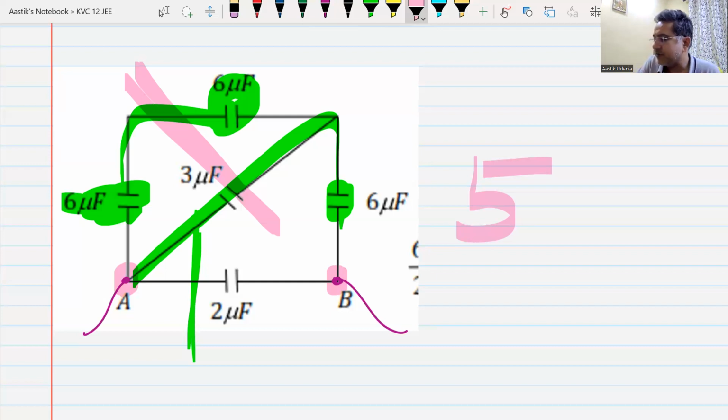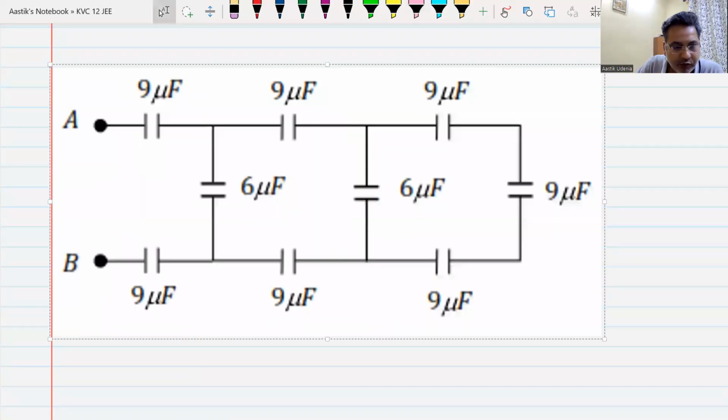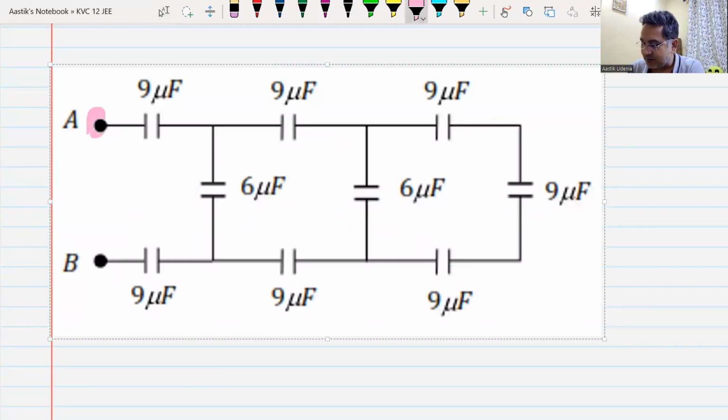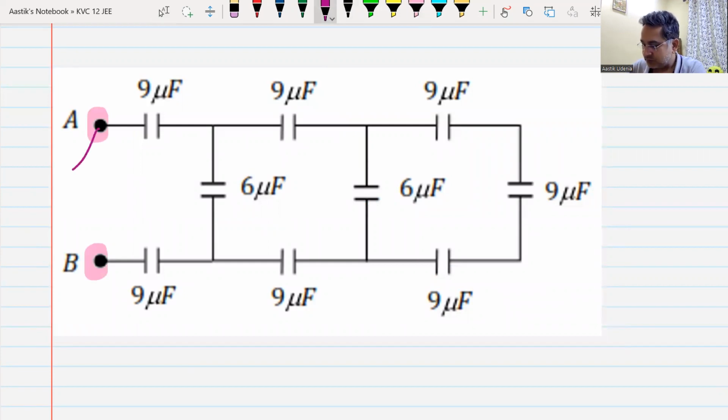Try this one and probably that will make more sense. You have to find the effective capacitance between A and B. Understand it and you will be able to do it.